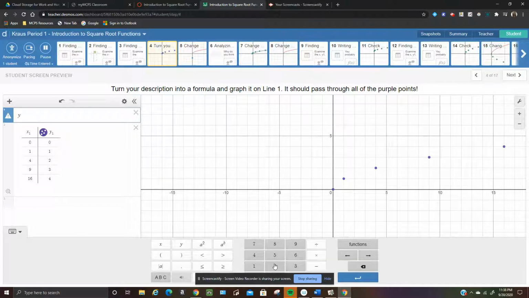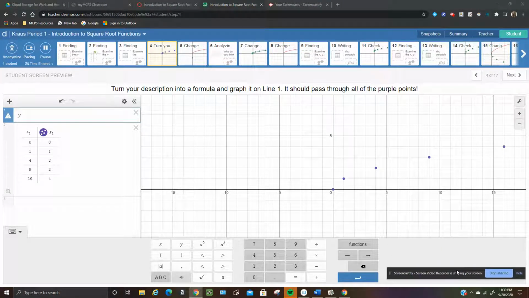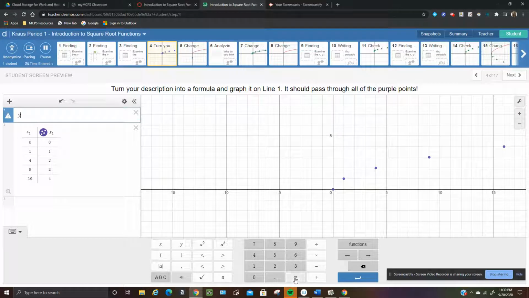So y, let's move this out of the way here. Y equals square root of x. And once you type the correct equation in, then it connects together the points.